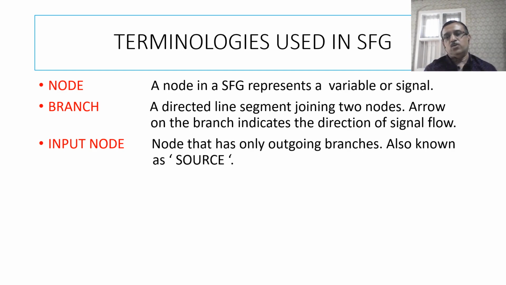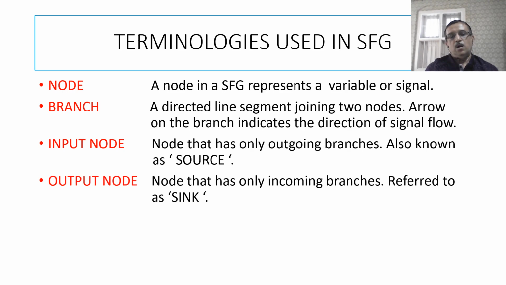One node is the source node from where everything starts. It's called the input node. Output node: a node that has only incoming branches is referred to as a sink or the output node. That is where the SFG ends.